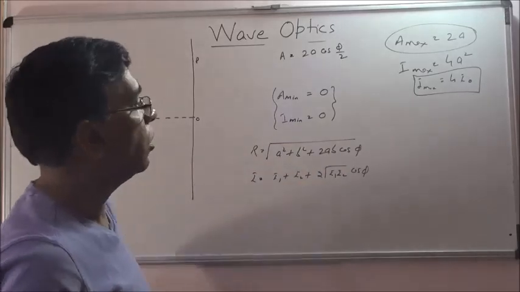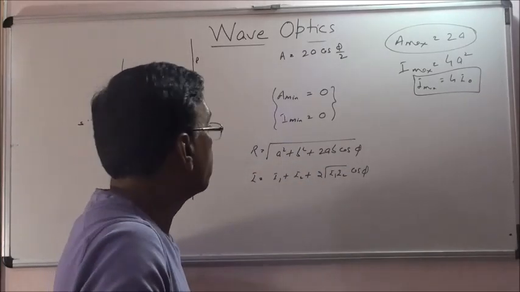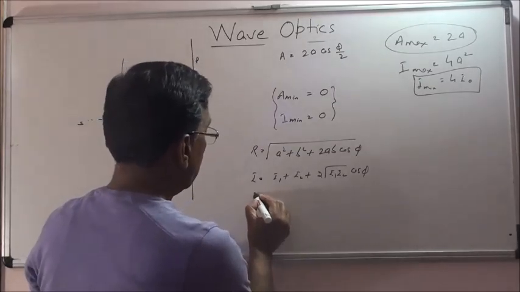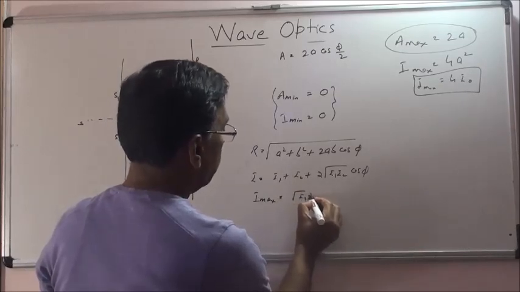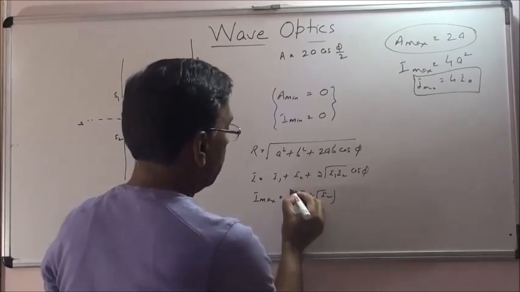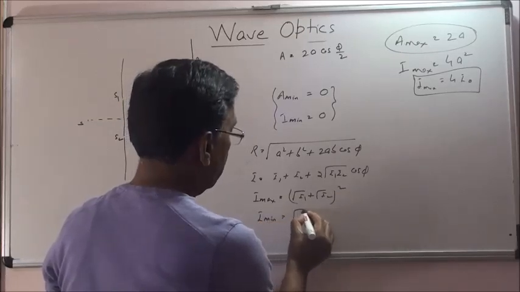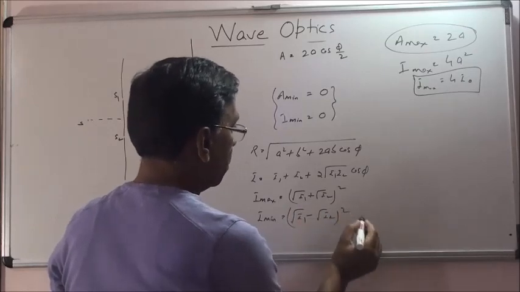This is when the amplitudes are not the same. So I max will be (root I1 plus root I2) whole squared, and I minimum will be (root I1 minus root I2) whole squared.